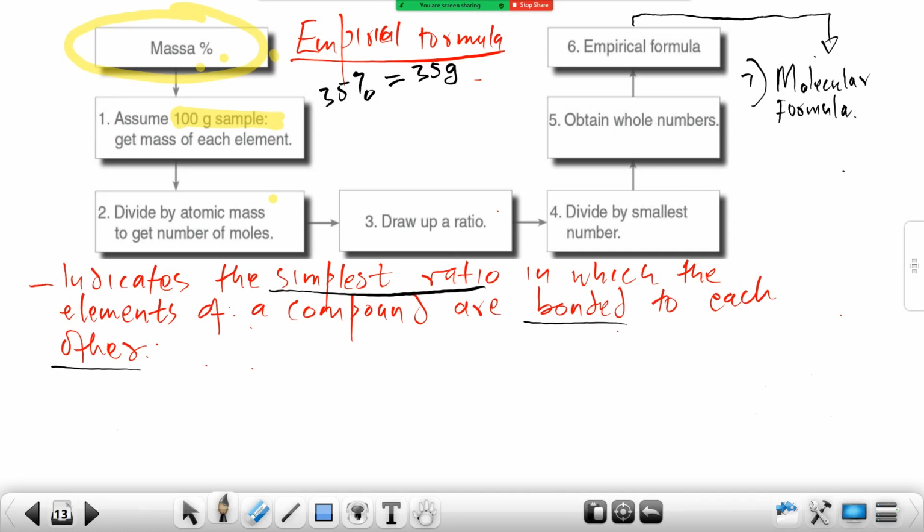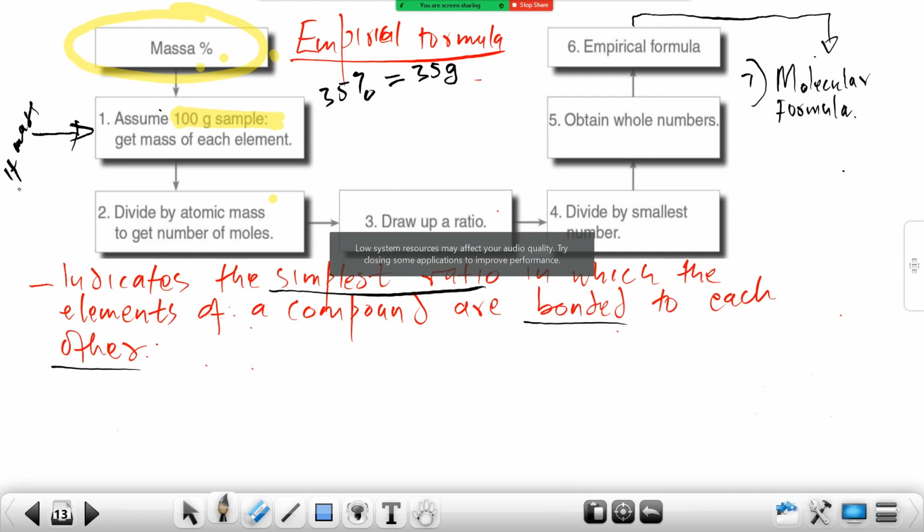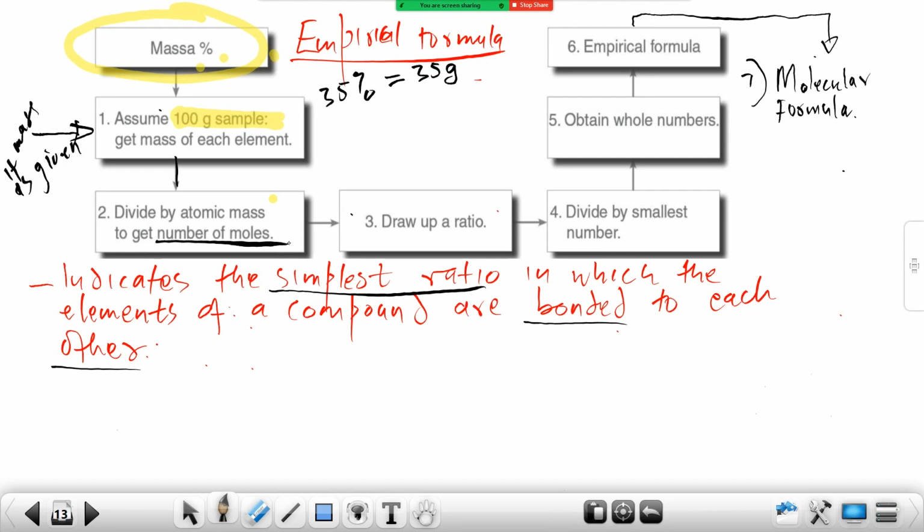That is what assuming the 100-gram sample basically means. But if I already have the mass, this is if mass is given, I must just calculate the number of moles.